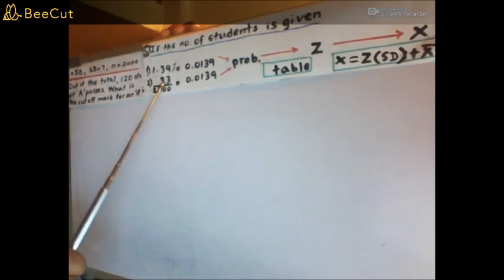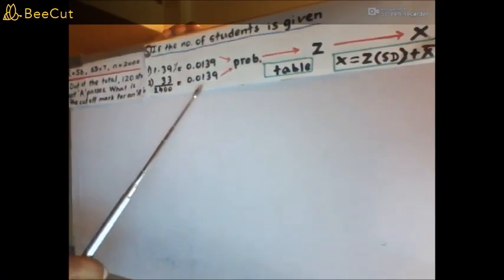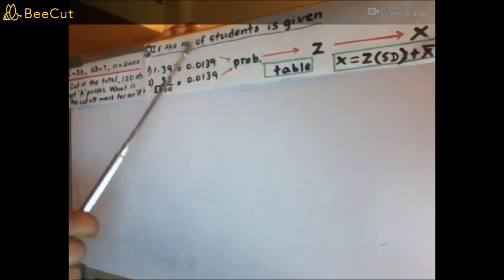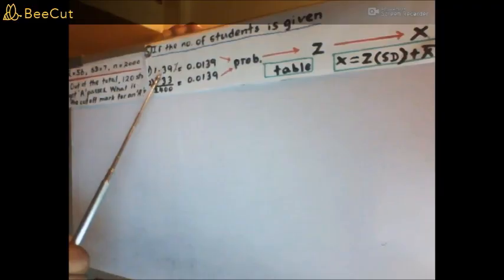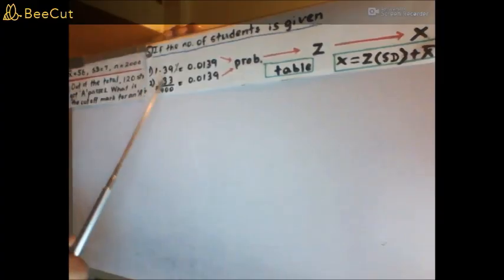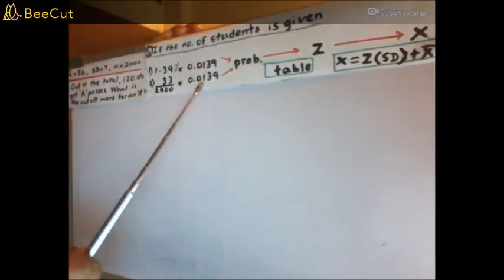So you have to divide 33 by 2400 and get 4 decimal places. So they will give you the number either as a percentage or a ratio. Then get the probability in 4 decimals.